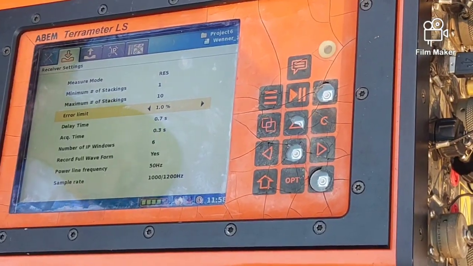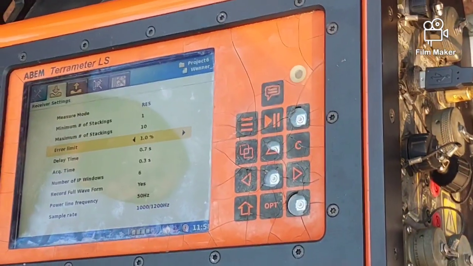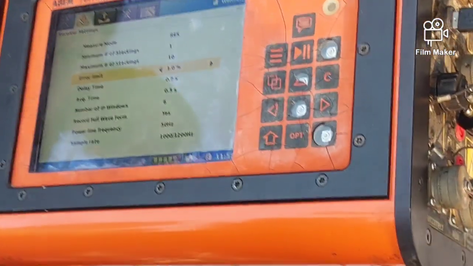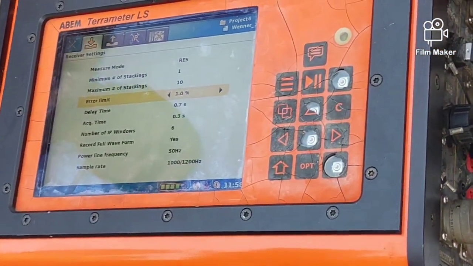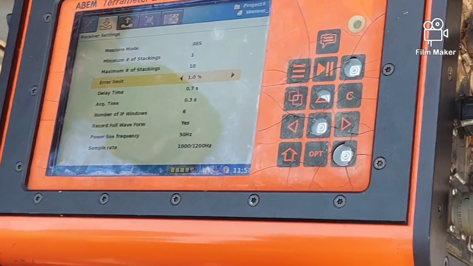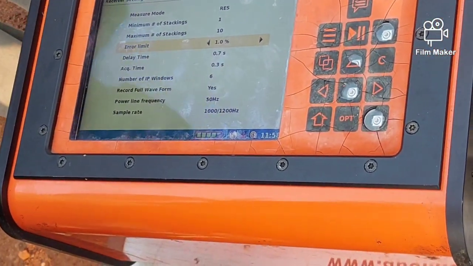See, the instrument will record the subsurface layer resistivity 10 times at a single point, and it will stack it. Stack means it will add and store.